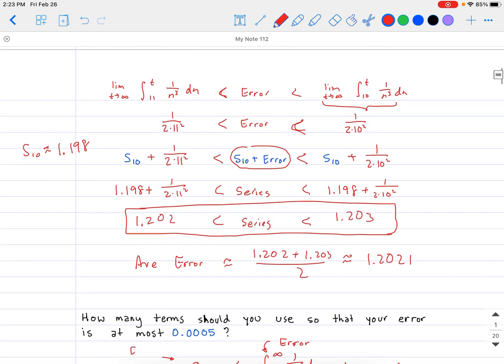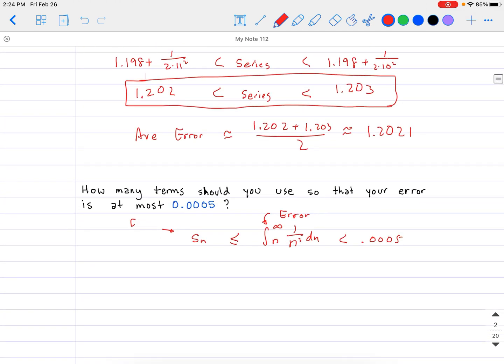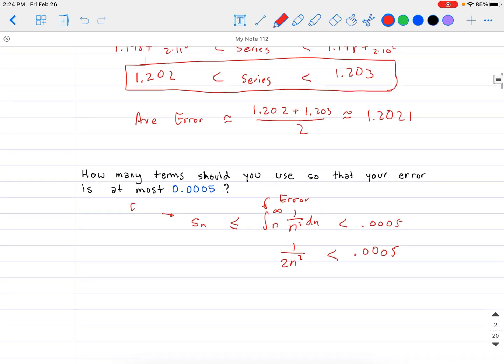So the result is that this is going to be 1 over 2n squared, and then it's going to be less than 0.0005. Here we can cross multiply everything, and when we clean this up, you're going to get n squared is going to be greater than 1 over 0.001, which is equivalent to 1,000.